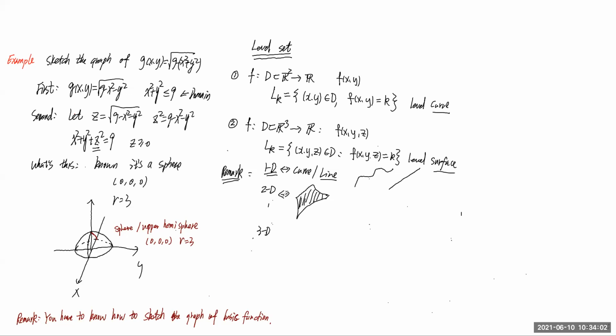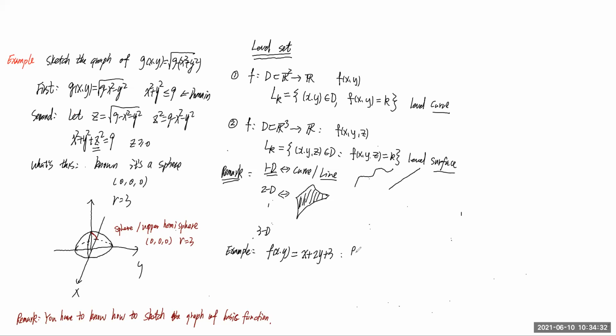So let's look at examples. Example. Now we consider a function f of x, y equal to x plus 2y minus 3.